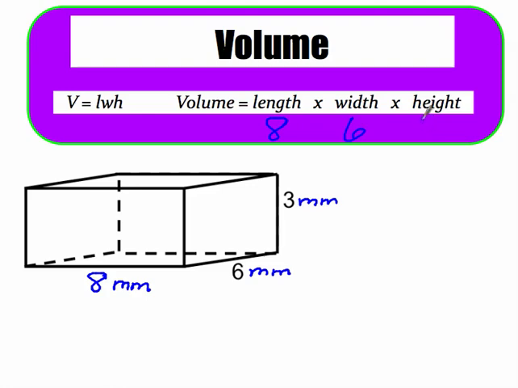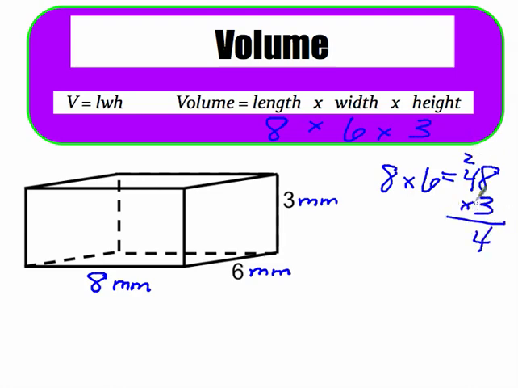And our height is 3. So 8 times 6 times 3. 8 times 6 is 48. And now I have to do 48 times 3. 3 times 4 is 12. 12 and 2 is 14. 144. So our volume of that prism is 144 cubic millimeters.